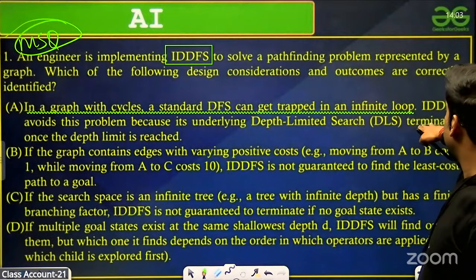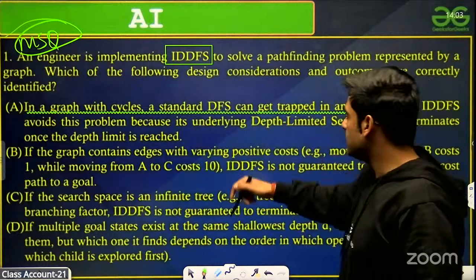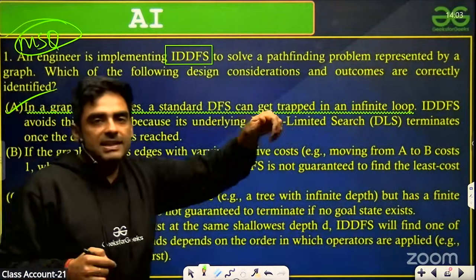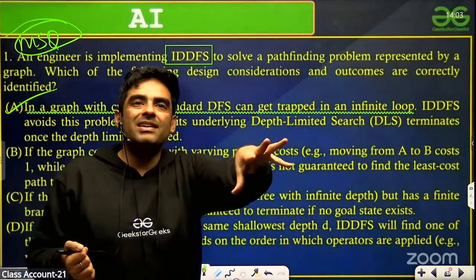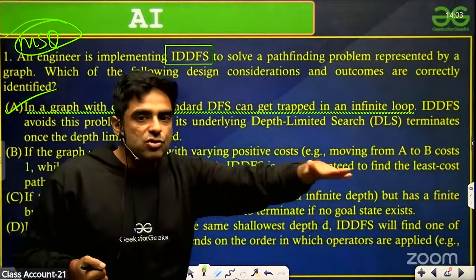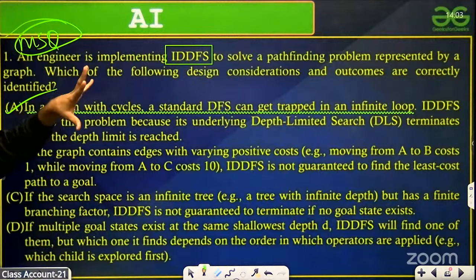How does it avoid this problem? Because its underlying depth limited search terminates once the depth limit is reached. That is correct, because DFS gets trapped in an infinite loop. To avoid this, we use IDDFS, because it iterates, so that problem is avoided.